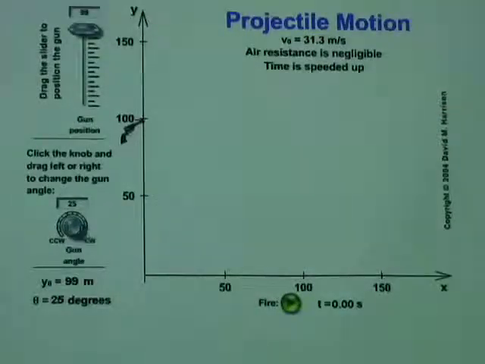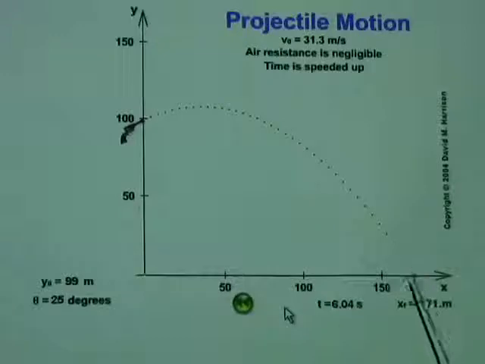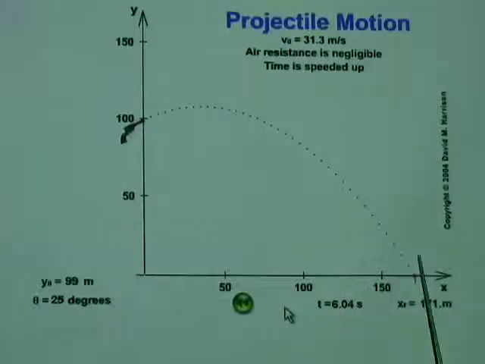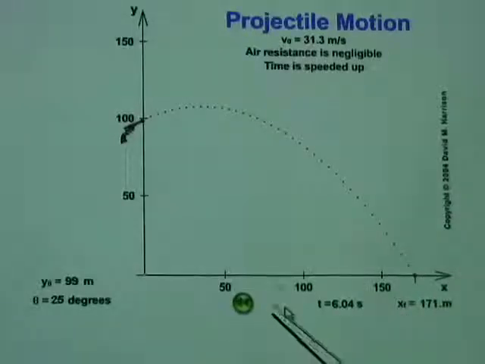Let's fire it. There you are. And now, this is the time of flight, 6.04 seconds. Now, the time of flight is the time taken for the y position to become 0.